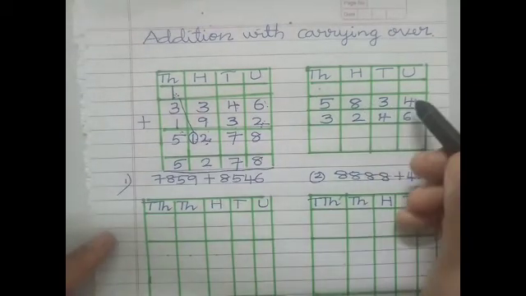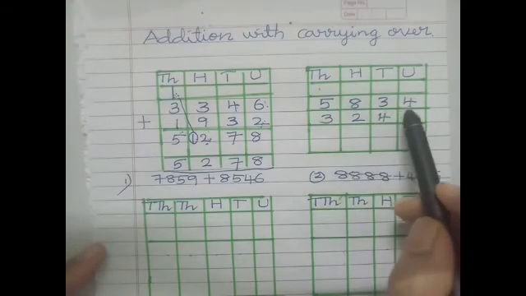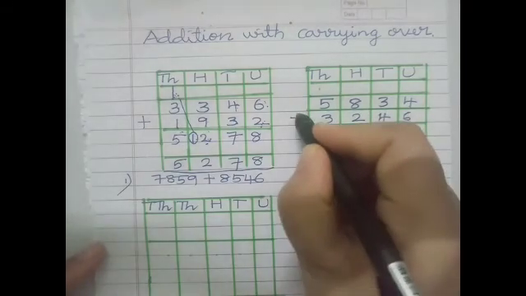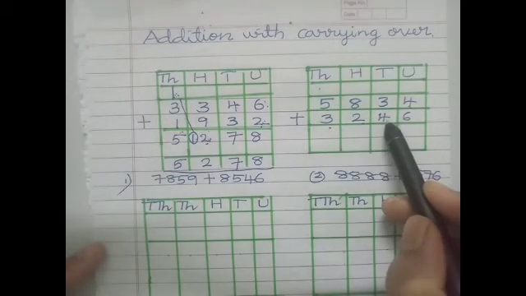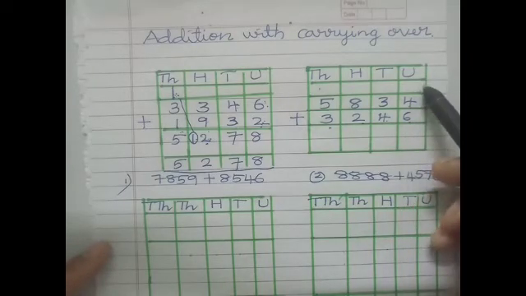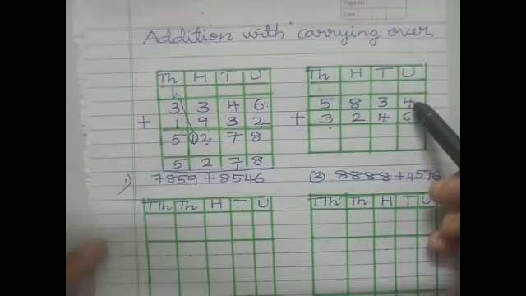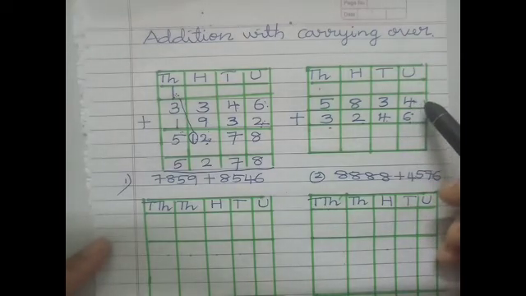Now, look at this sum here. 5,834 plus 3,246. So children, in the units place we have 4 plus 6. 4 plus 6 is 4, 5, 6, 7, 8, 9, 10.